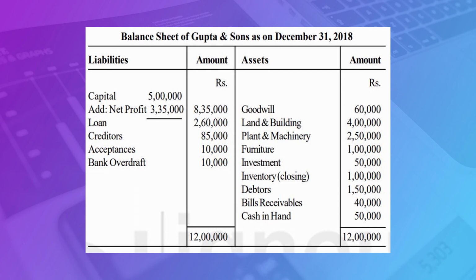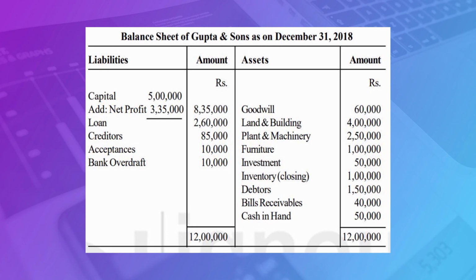Cash in hand is again an asset, therefore it is recorded in the asset side. If you make a total of these 9 items, you will arrive at rupees 12 lakh.